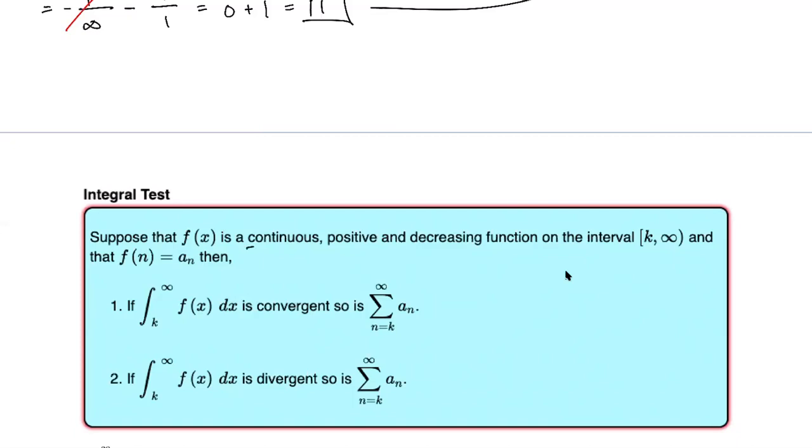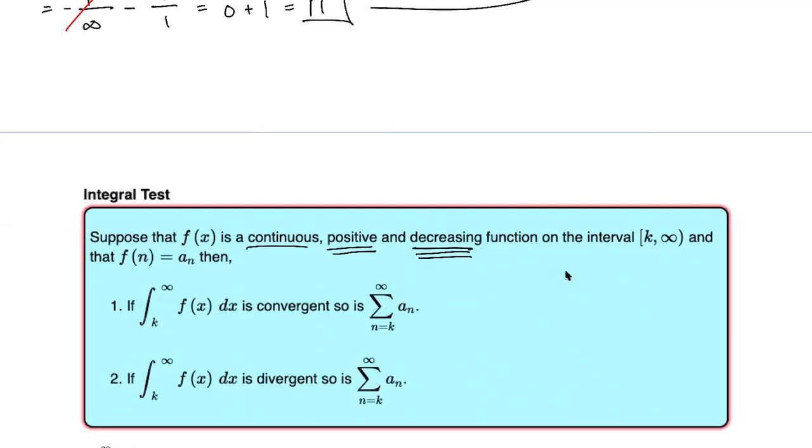All right, so continuous over a given interval. The function also needs to be positive over that given interval, and it needs to be decreasing. So sort of a checklist. Is it continuous? Is it positive? Is it decreasing? If that's the case, then these two statements will be true.